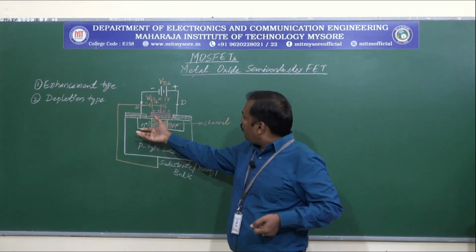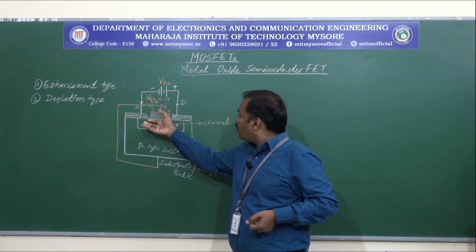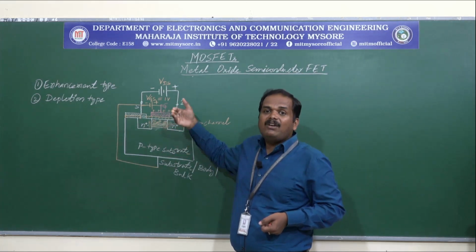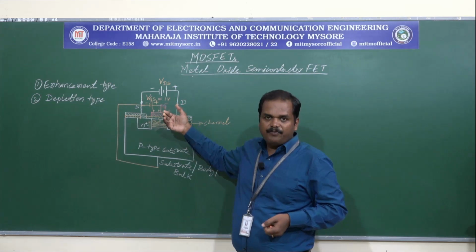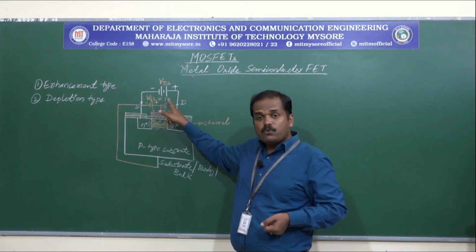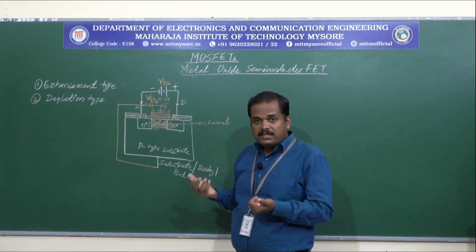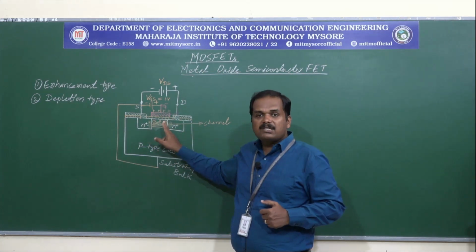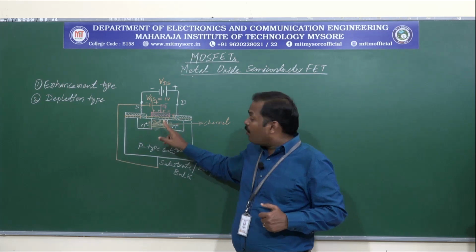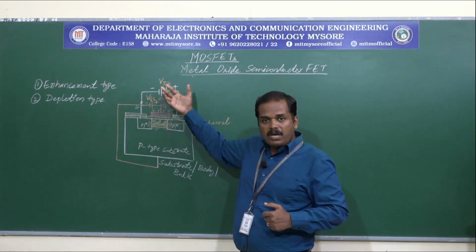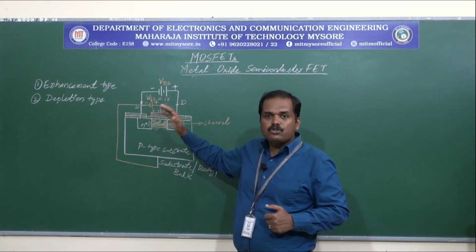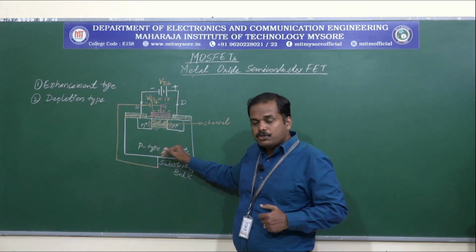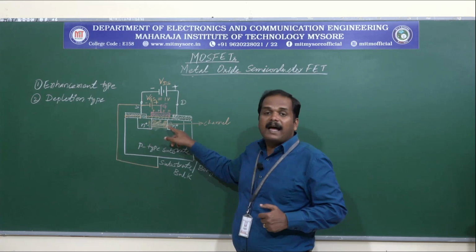Increasing VGS will accumulate more electrons in the channel region where the conductivity of the channel will be increased. Remember, when VGS was equal to 0 or no VGS was applied, there was high resistivity in this region. Now, when there is a positive voltage applied between gate and source, this resistivity has been reduced because there is a channel formed.